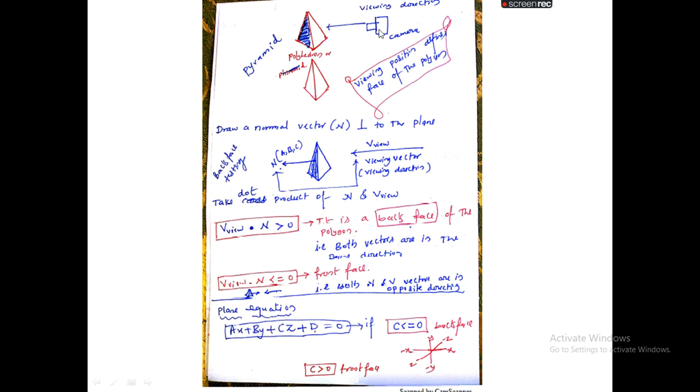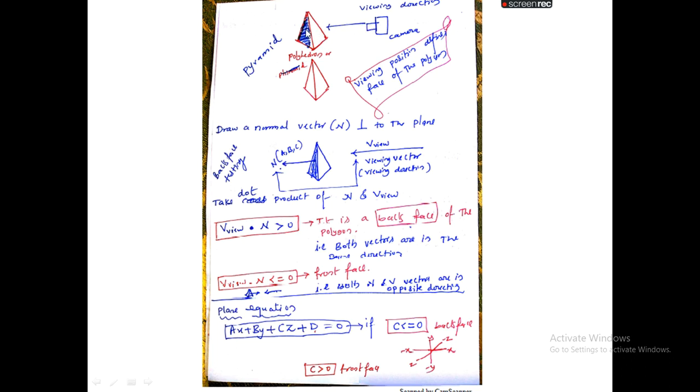So if the observer is standing here, if he is viewing this pyramid in this direction, whatever the empty triangle I drew with respect to the pyramid, this surface is called the front face of the polygon, because the observer is able to view this particular surface of the pyramid.